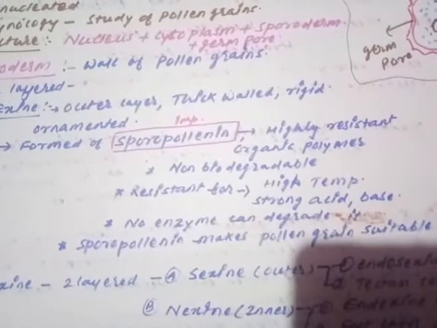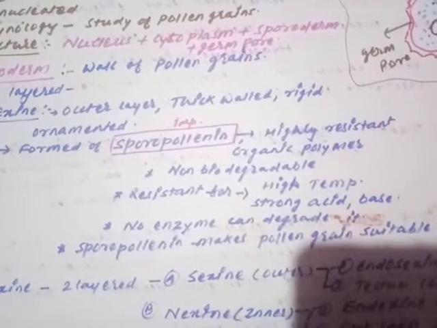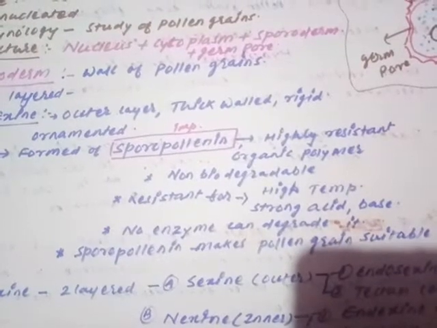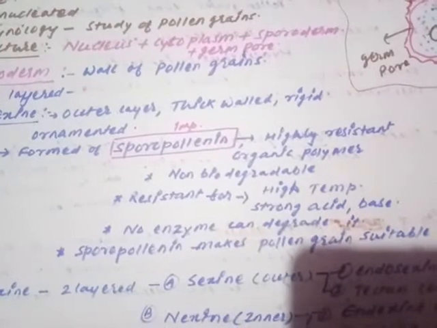All points are very clear to you all. The outer layer, exine, is thick walled, thicker than the internal or inner one. Rigid means tough structure. Ornamented means variously modified and giving a specific pattern, shape or structure to the pollen grain. This makes the basis of taxonomy also.